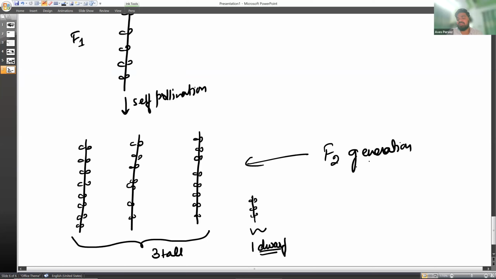What does this indicate? This indicates that when we are getting the dwarf plant, there is a factor or gene that never forgets its identity. We are going to discuss this when we do it at the gene level.